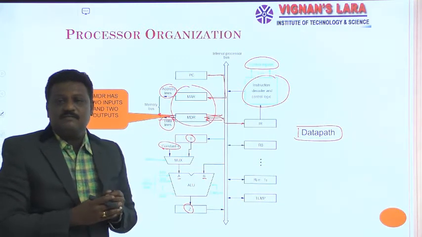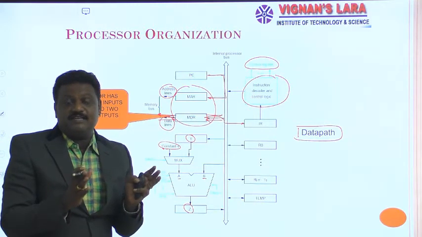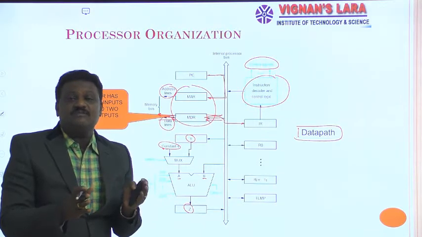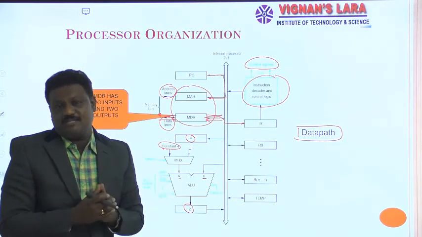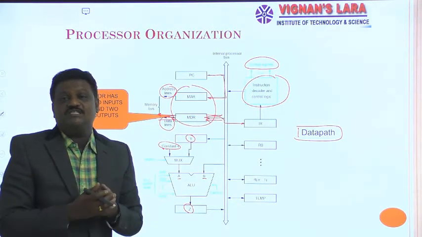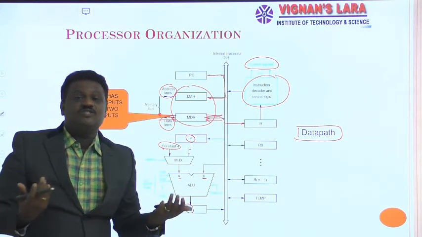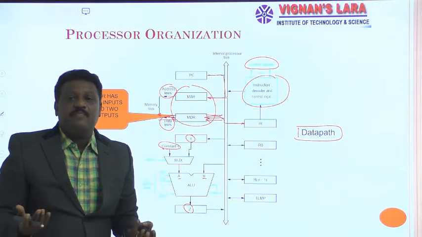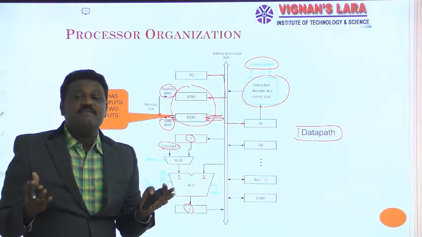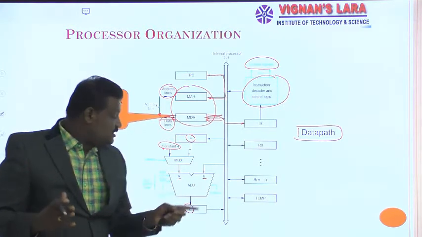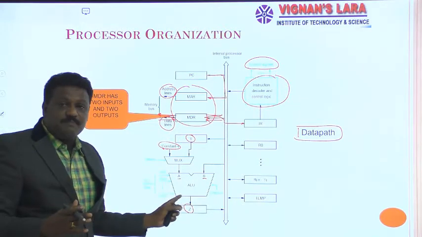What is this? I already told you, in my system my instruction size is 4 bytes. If I want to access the next instruction from the memory, the PC value must be incremented by 4. That task is also done by the program counter, PC.